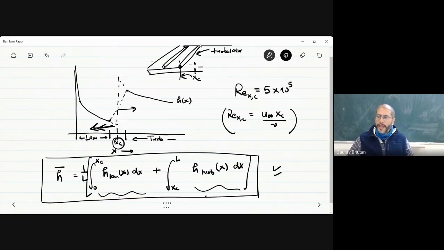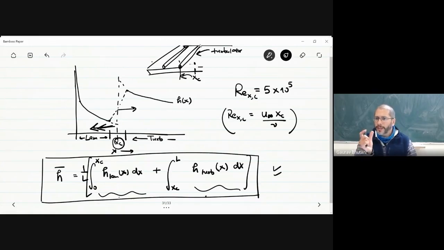In fact, you can shift this X critical all the way to X equal to 0. So the boundary layer starts with being turbulent. Okay, so these are things that have been done experimentally, and we have seen that we can allow the boundary layer to exist completely in the turbulent region.